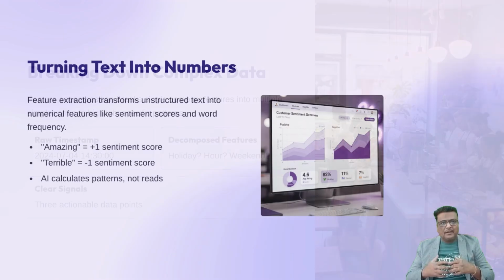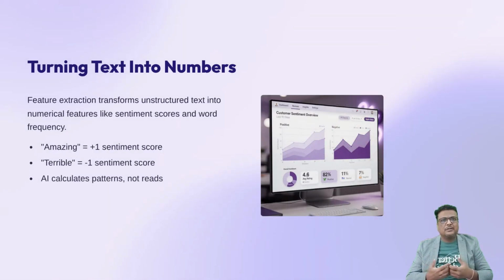When we deal with text, the official study guide points us toward feature extraction, where we turn unstructured words into numerical features that represent things like sentiment or word frequency. Because as we've learned, AI doesn't read, it calculates. We have to find a way to measure language. Think of it like this.